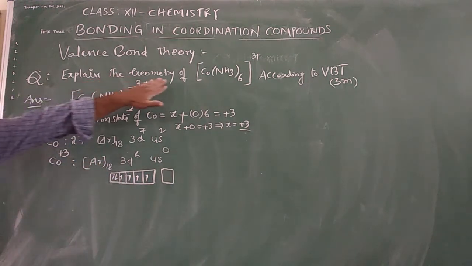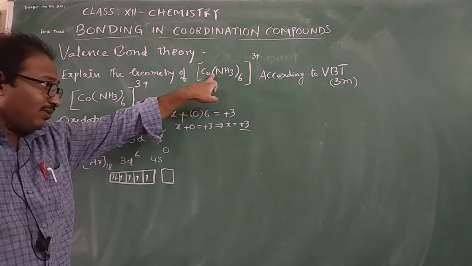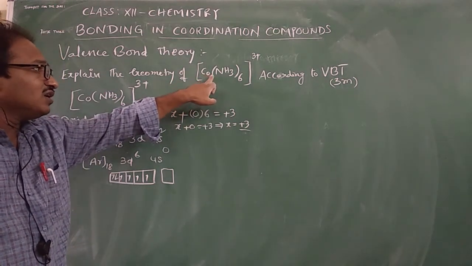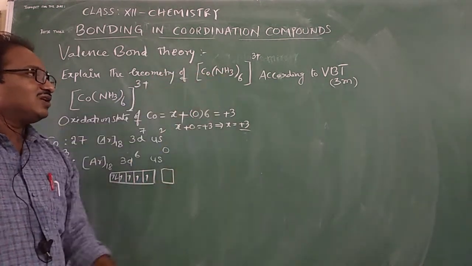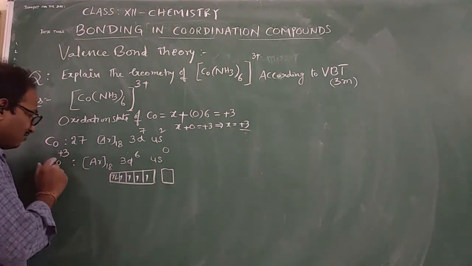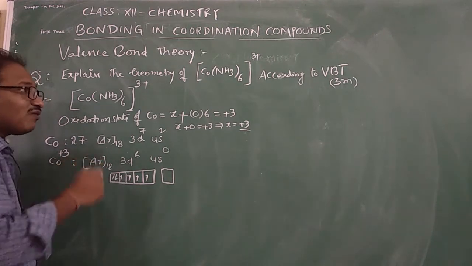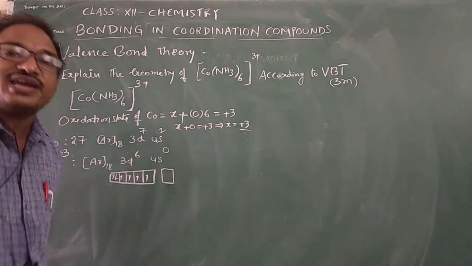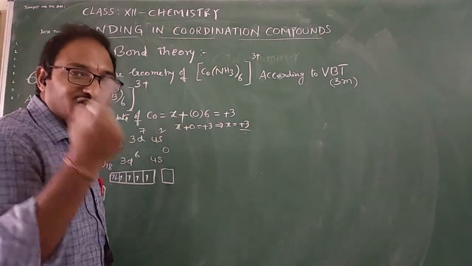Now in this compound, ligation is by coordinate covalent bond. The central metal atom is forming coordinate covalent bonds with 6 ligands. Now according to the valency bond theory, the central metal atom or ion, this is cobalt, must provide the required number of vacant orbitals, because each ammonia can donate one lone pair.